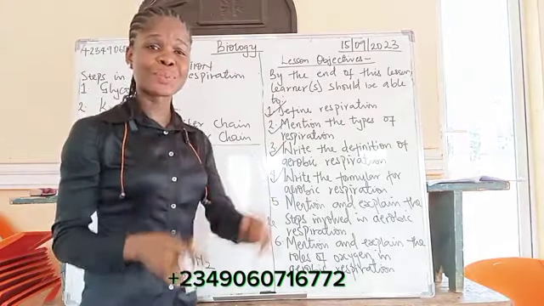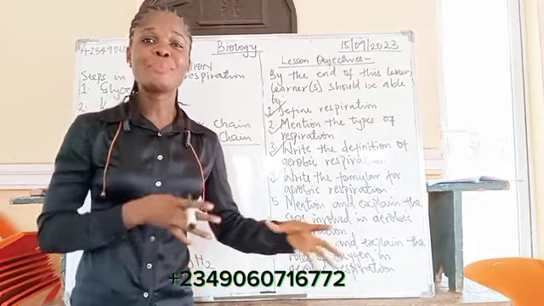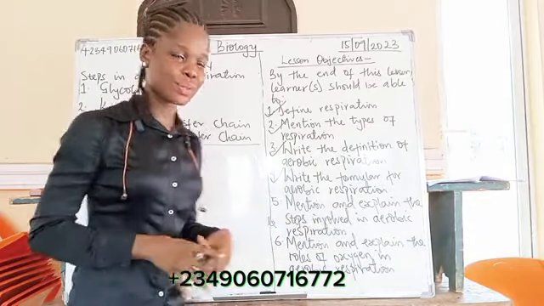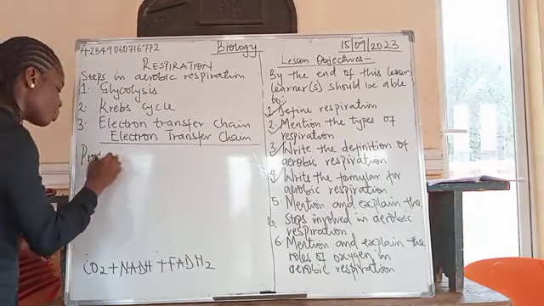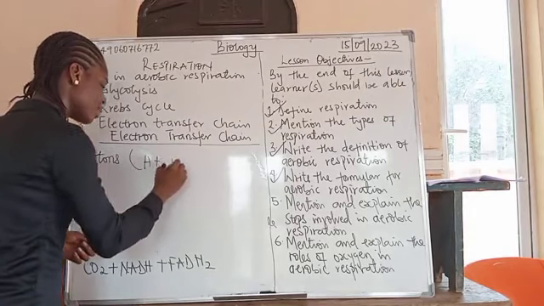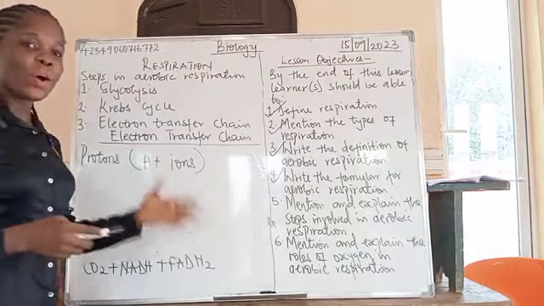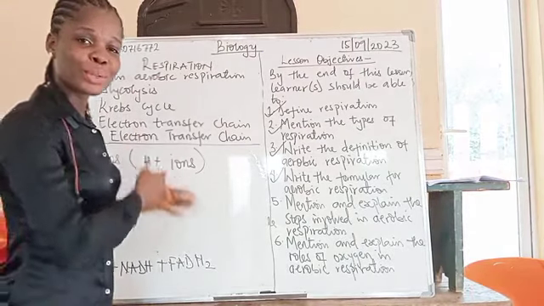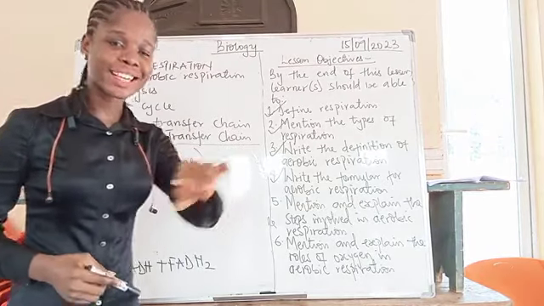This energy that is produced by the movement of these electrons is used in pumping protons. It's used in pumping protons, and the protons that are being pumped are the hydrogen ions. Now, once the pumping of the protons begins, immediately we get what we call the proton gradient.